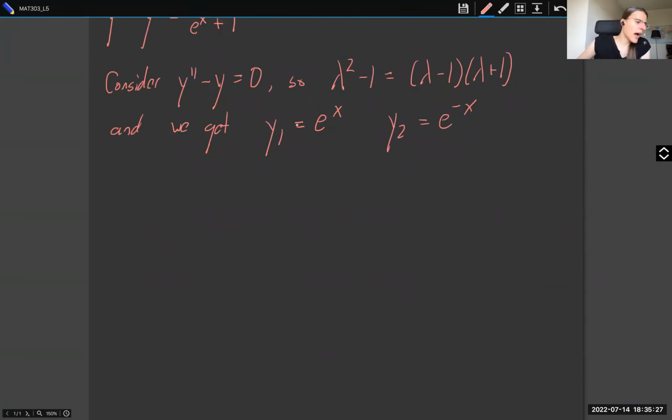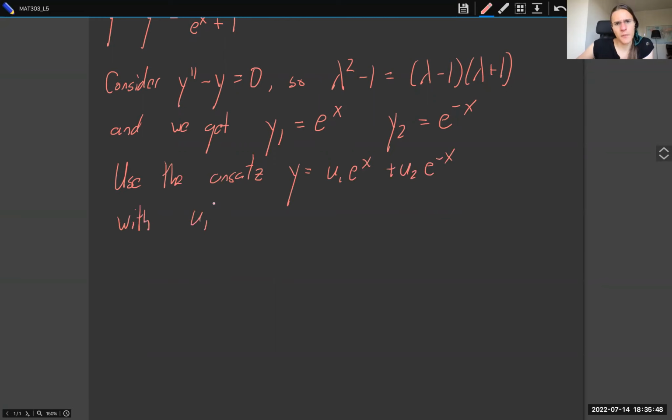Right. So now what we're going to do is use the ansatz that y is equal to u1 e to the x plus u2 e to the negative x with the constraint that u1 prime e to the x plus u2 prime e to the negative x is equal to 0. Then write w is equal to y1 y2 prime minus y1 prime y2.